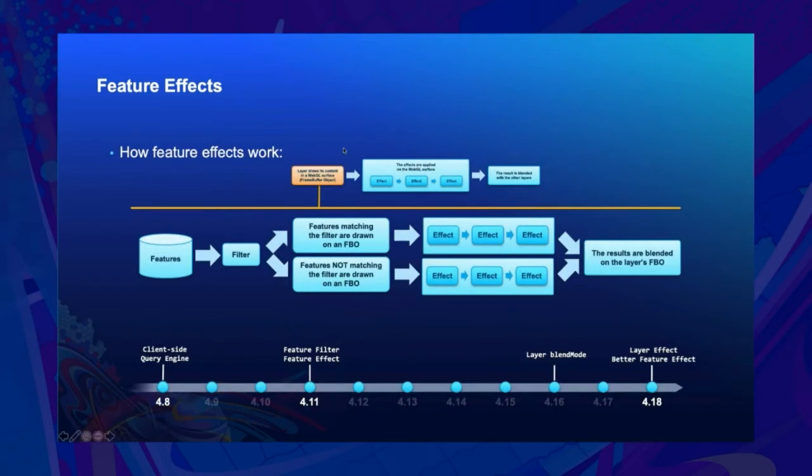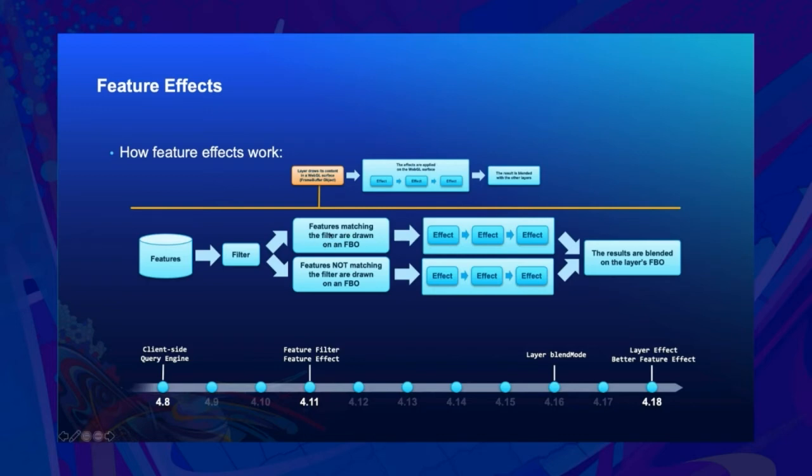Okay, so how does that work? You remember this drawing that I showed at the beginning where the layer draws its content on a frame buffer object? Well, when you have feature effect applied on the layer view, this is what happens. You have the features that are going to be drawn. The filter will decide if a feature is in the bucket of the features that are included or in the bucket of the features that are excluded.